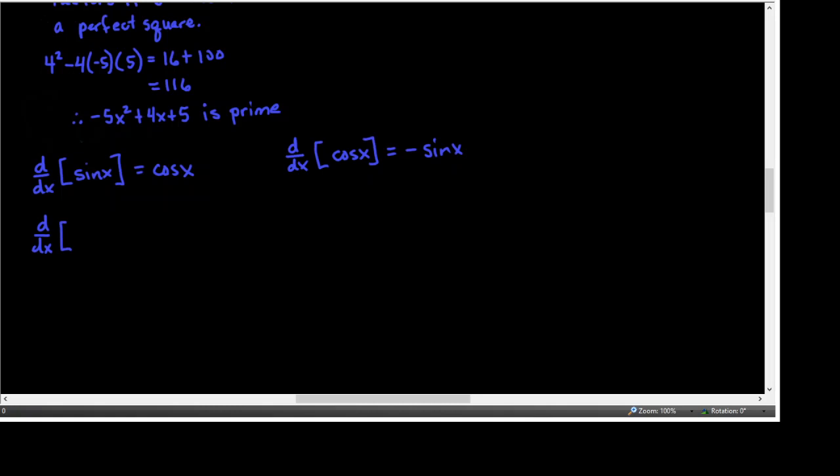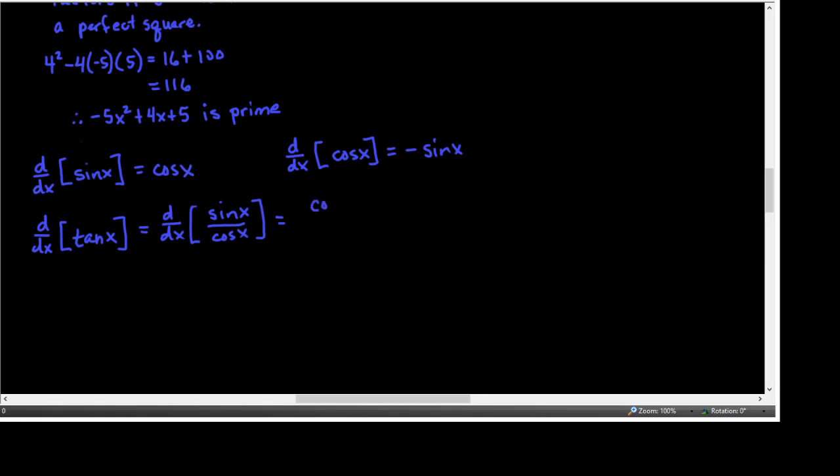For example, if you were asked to find the derivative of tangent of x, all you'd have to do is think of tangent as a quotient. Tangent of x is sine of x over cosine of x, one of your identities from pre-calculus. And to do that derivative of a quotient, we'll use the quotient rule.